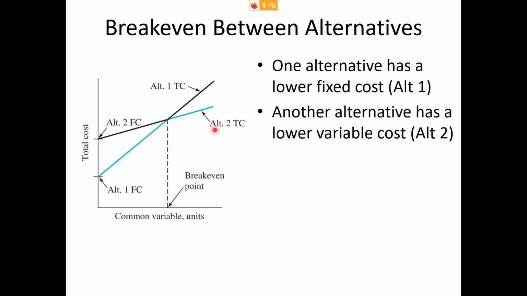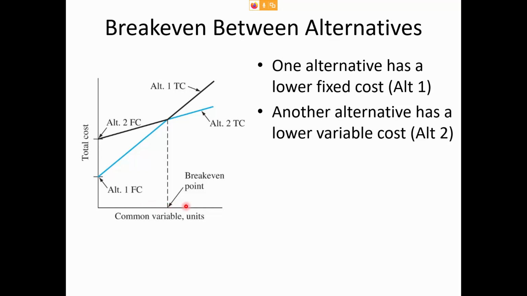What this illustration is showing is that if you're not going to make very many items, like if you have a relatively small operation, then you should buy the equipment that's cheaper up front. Even though it's not as efficient on a per unit basis, you're going to have lower costs when you are to the left of this break-even point between alternatives.